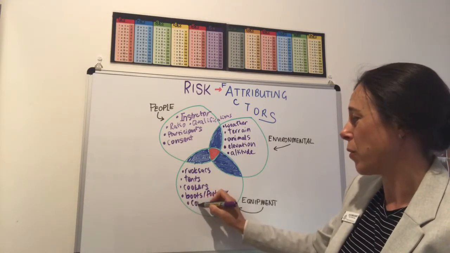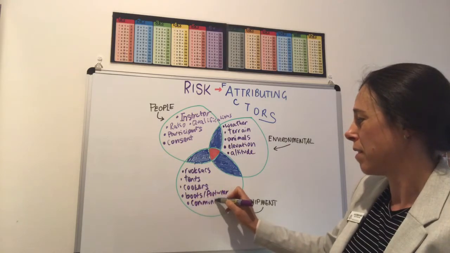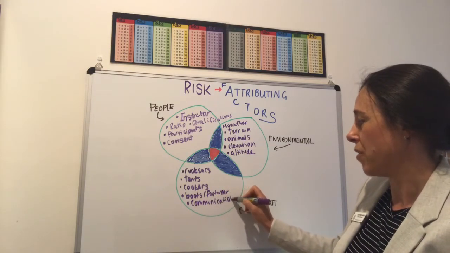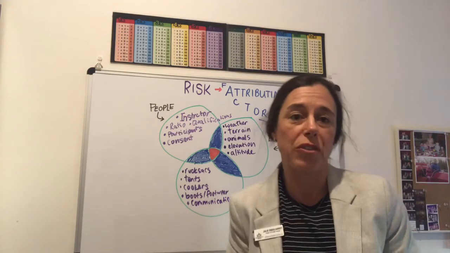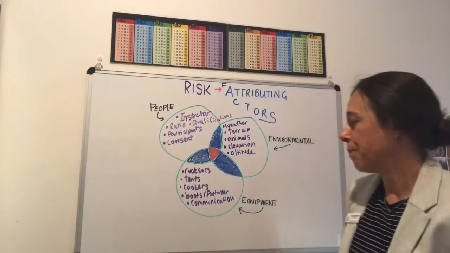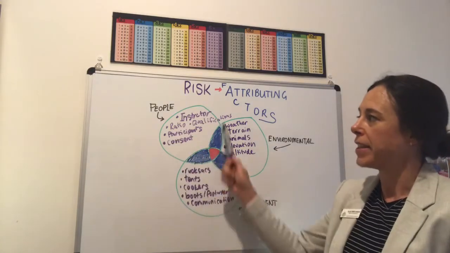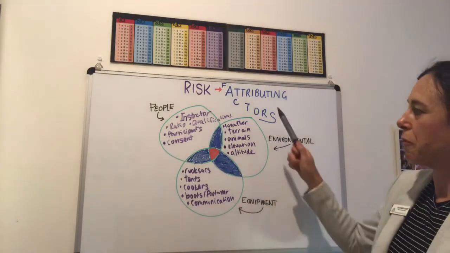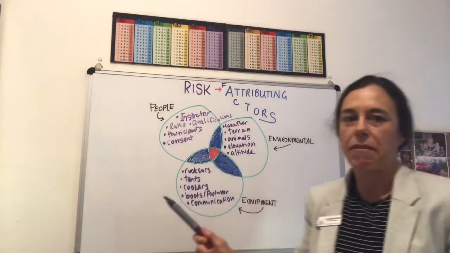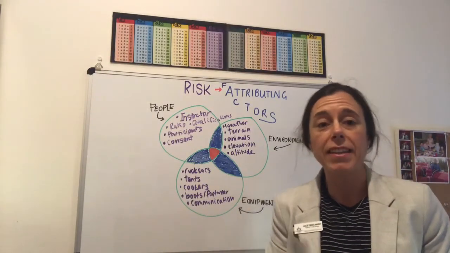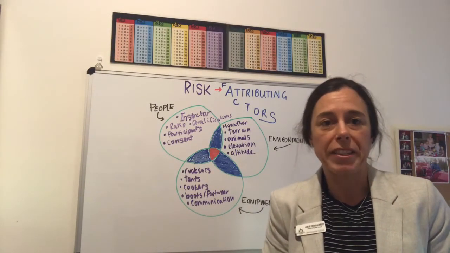Communications goes into equipment. Things like radios and sat phones and making sure you've got the right cover. So you start to get the idea, okay? So we've got people factors, we've got environmental factors, and we've got equipment factors that all are going to affect the level of risk of our expedition.